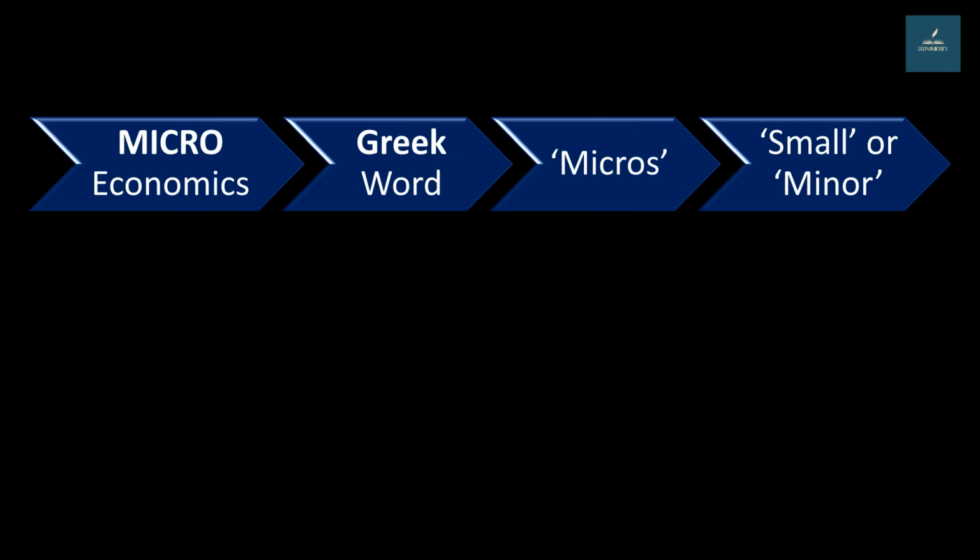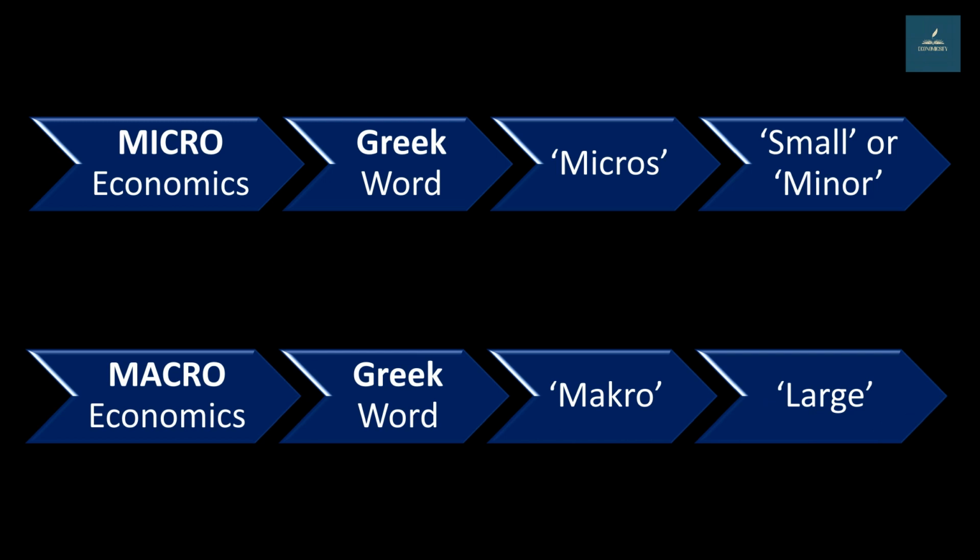The term microeconomics came from a Greek word, mikros, which means small or minor. Whereas the term macroeconomics has also come from a Greek word, makros, which means large. To keep it simple and clear, you can remember it as in micro, I will denote an individual, whereas in macro, A will denote aggregate.